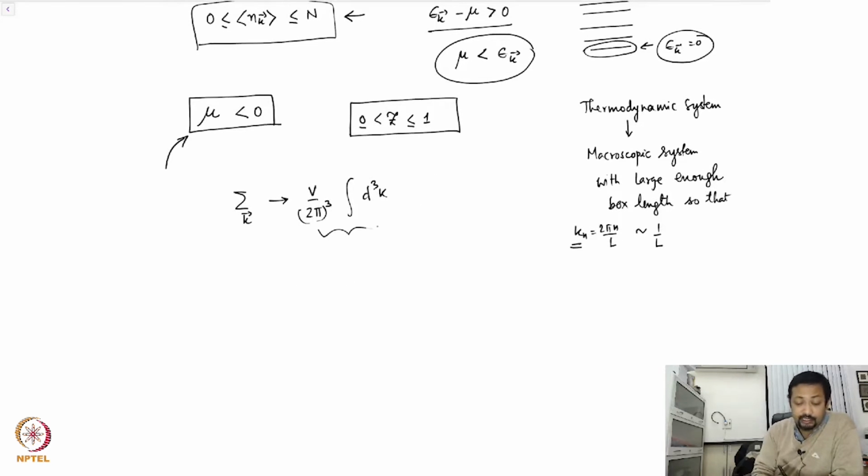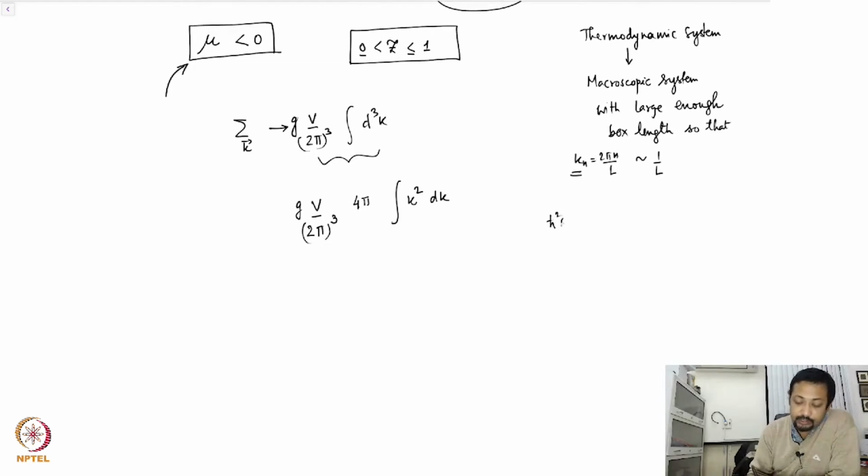Now here we want to write it in a slightly different way. There has to be a g factor that comes from the internal degrees of freedom. So g_v over 2 pi whole cube, and this becomes 4 pi k square dk.